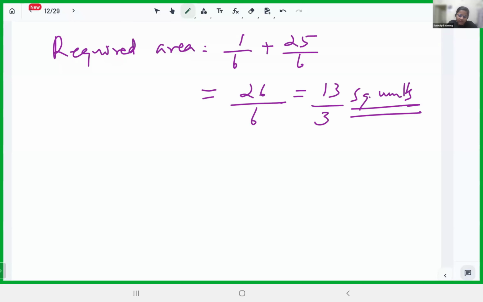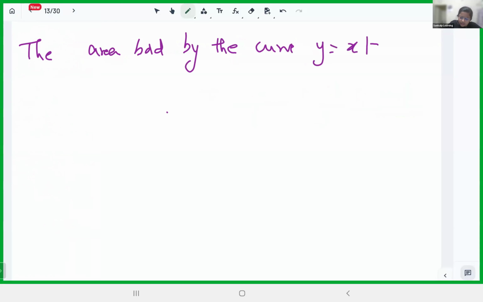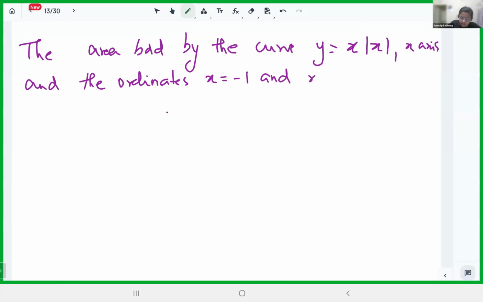Alright, now we have one more question. So that's the last question of this chapter. The area bounded by the curve y equal to x into mod x, x-axis, and the ordinates x equal to minus 1 and x equal to 1 is given by.